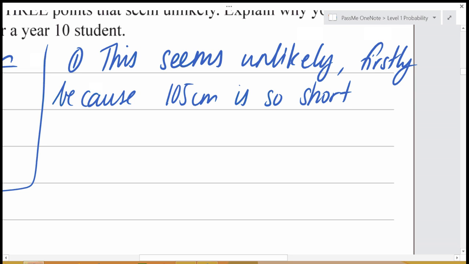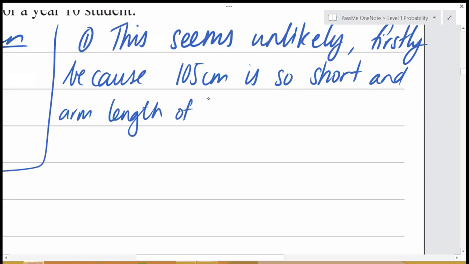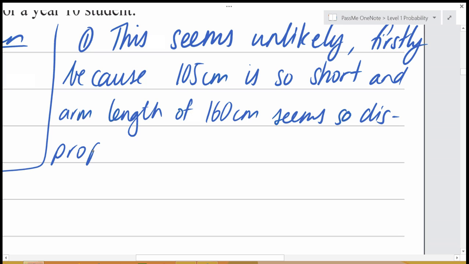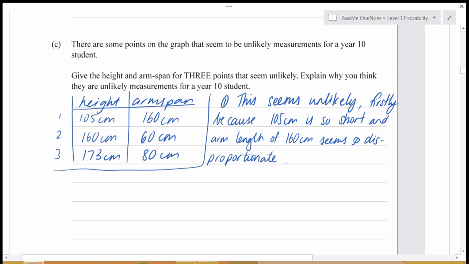So because 105 is so short, and arm length of, what have we got, 160 cm seems so disproportionate. Okay, alright, so that's one explanation there.